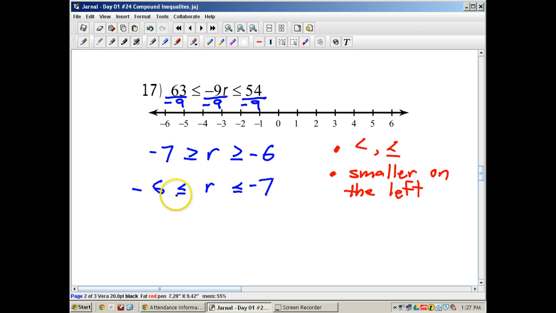But here, when we flipped it around, it puts the bigger number on the left instead of the smaller number. So it's kind of like, well, there's no way to write it in the correct format. So this is one of those exceptions where you get the no solution, not able to graph this. Doesn't follow the rules. That's 17.